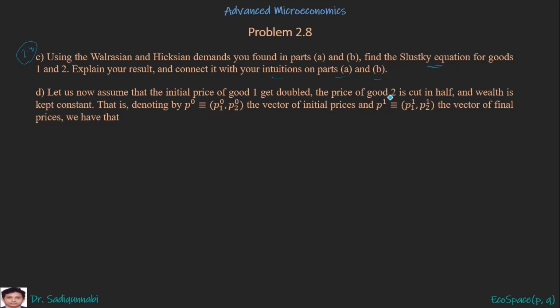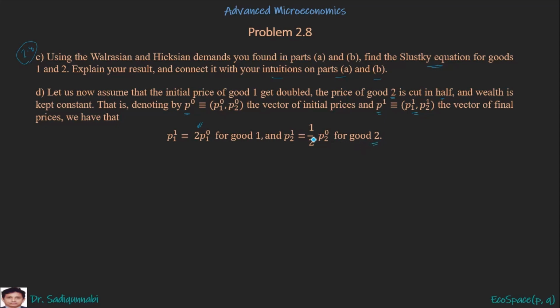Wealth is constant. If we denote p0 as the initial price and p1 as the final price, we have that p1 of good 1 is 2 times p0 of good 1, that means doubled, and p1 of good 2 is half of p0 of good 2, that is cut in half.